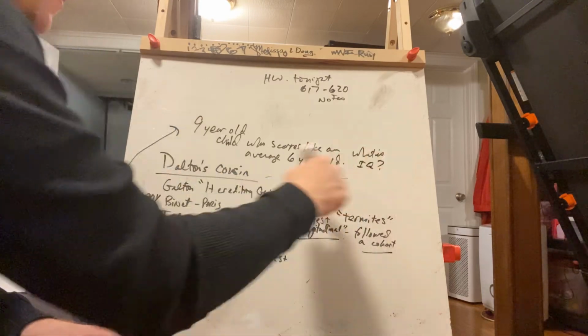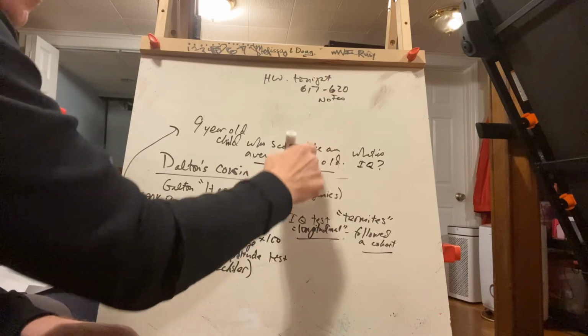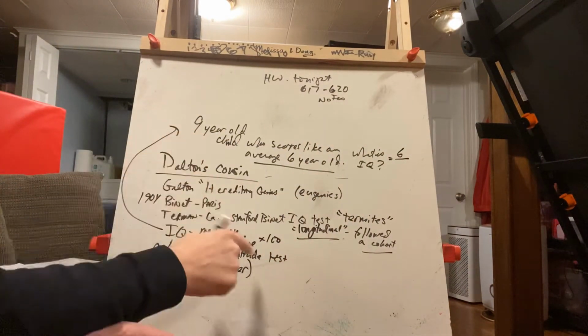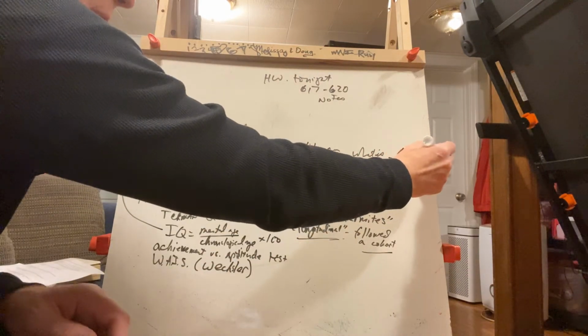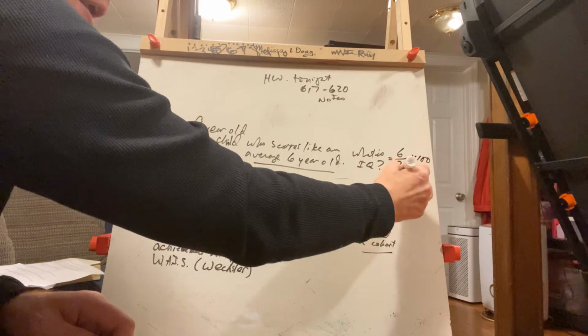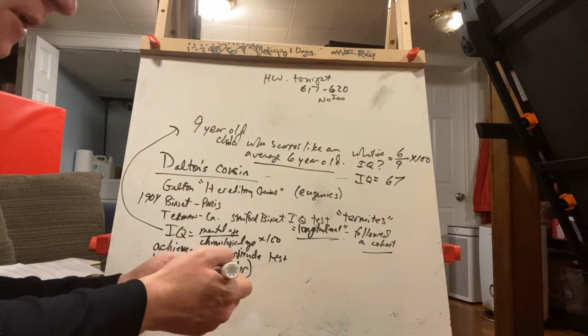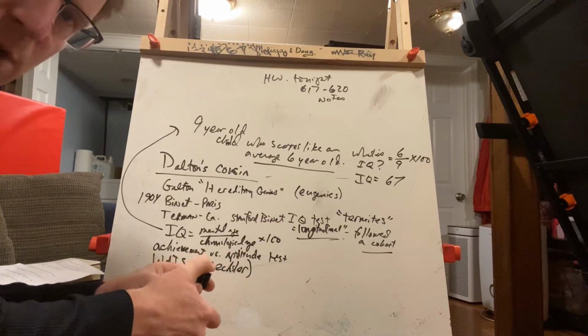Your mental age is 6 over your chronological age, 9, times 100, which would give you an IQ score of 67, which means you're probably not going to be in a regular school.